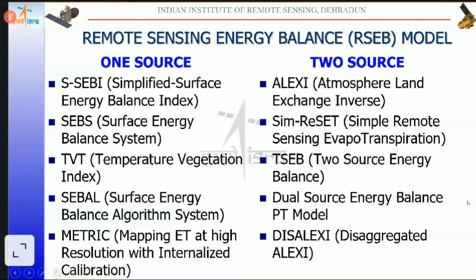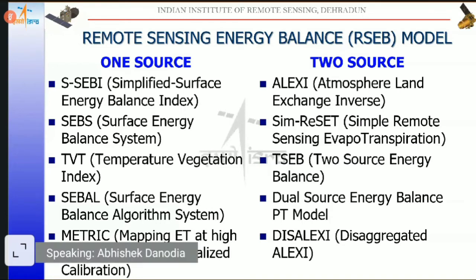In the two source model category, there are also numbers of models. What is the specific definition of a two source model? It separately defines the transpiration and evaporation processes or their rates, and it uses the information of crop as well as soil, or the fraction of vegetation cover, for exact computation of evaporation and transpiration separately.